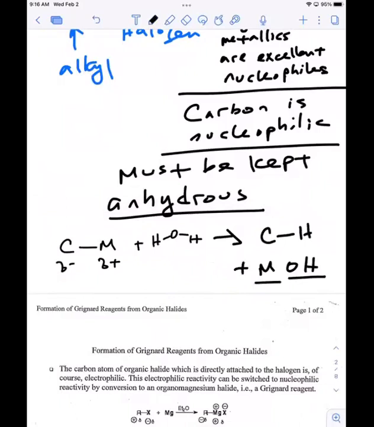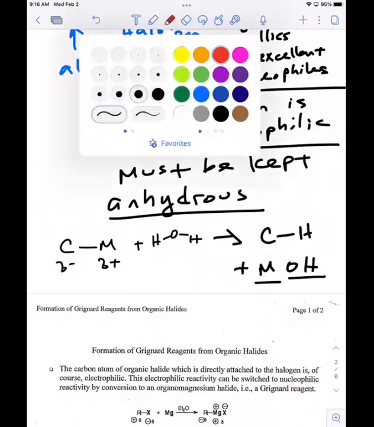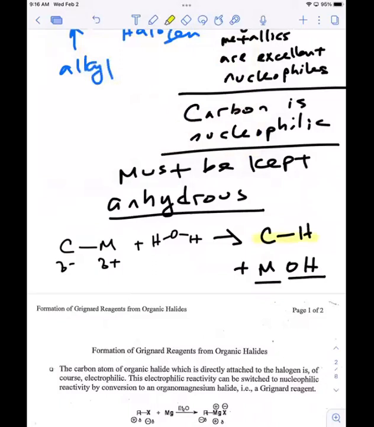The hydroxyl group from water ends up with the metal, and then the carbon gets protonated. This is bad. This is not what you want to happen when you have an organometallic. So no water, no proton source. Anytime you put this in the presence of water, it's going to destroy your organometallic.